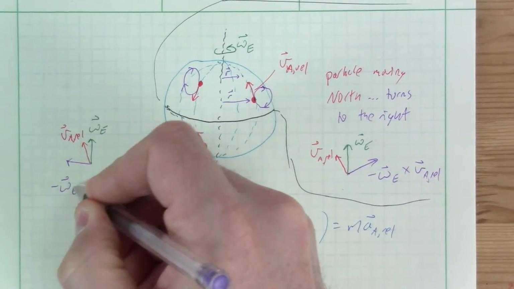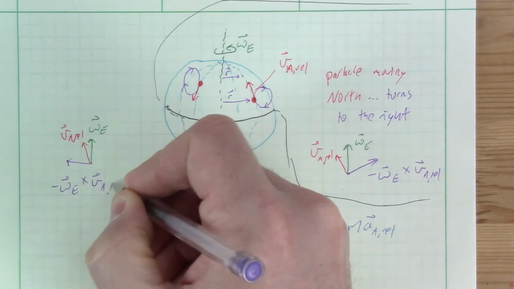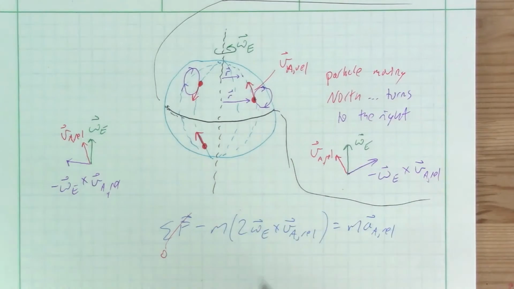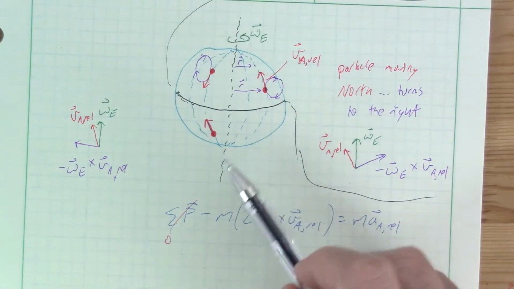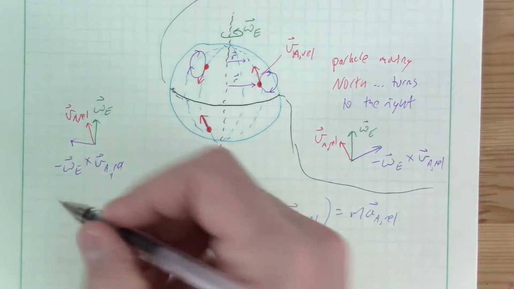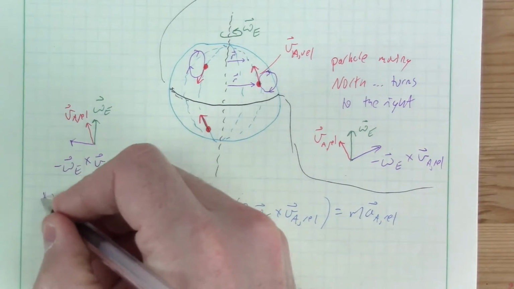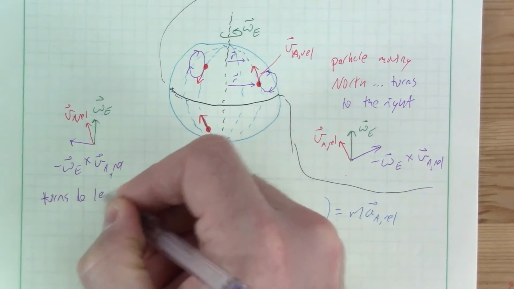Minus omega E crossed into V_A relative. So the force, in quotes, the fictitious force felt by this particle, is pushing it to the left. So it turns to the left.